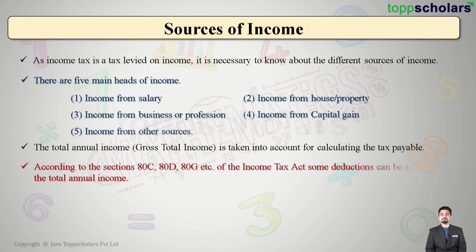on the rules. Now, there are sections 80C, 80D, 80G, etc. of the Income Tax Act which helps us to have some deduction on the total annual income. That means the total income can be reduced for taxation by sections such as 80C, 80D and 80G.